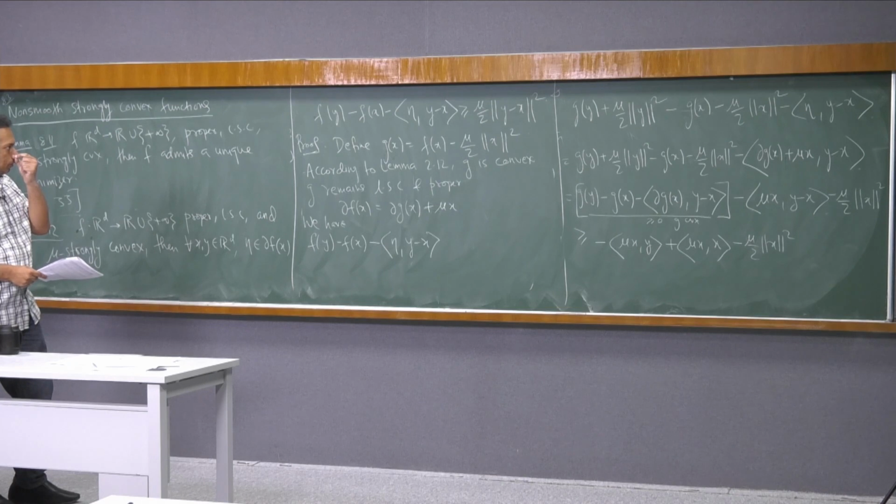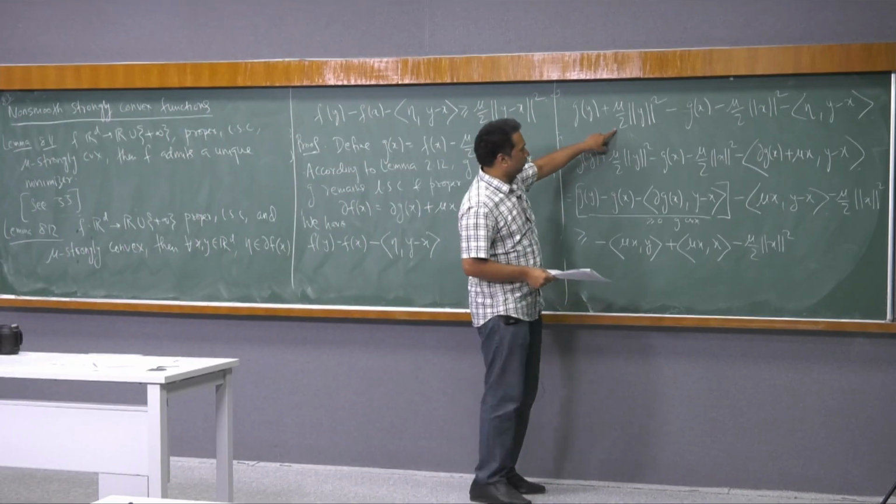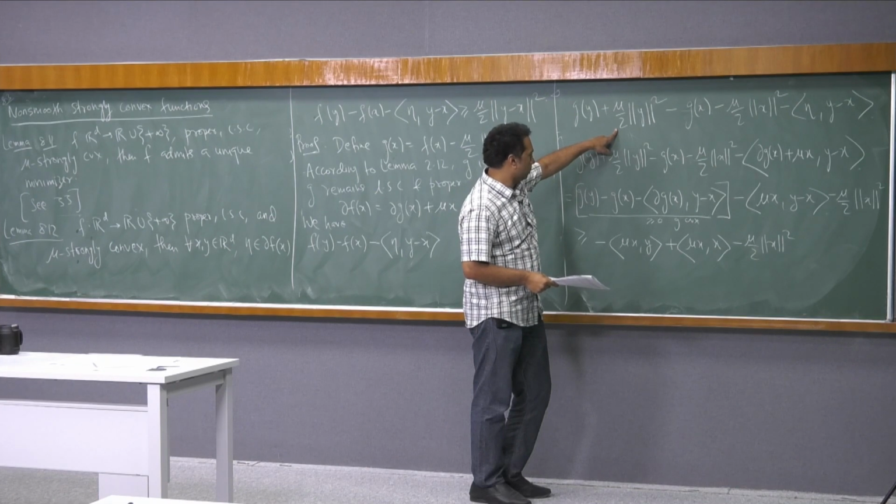We missed that, right? There is this mu by 2 y square also sitting here. So we missed that, and that should complete the square, but let's see.